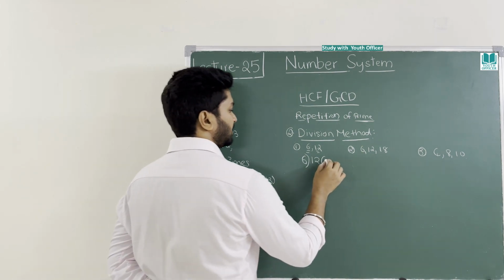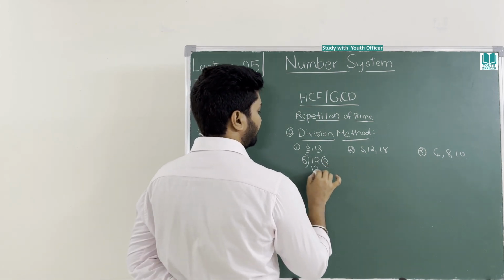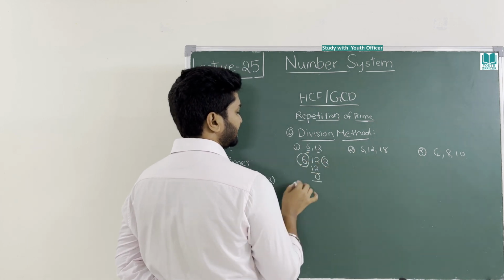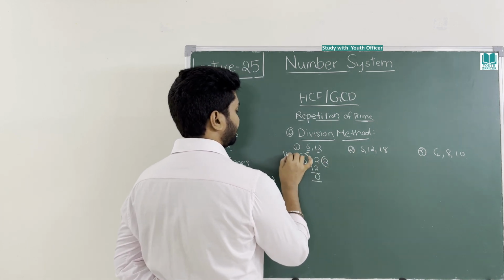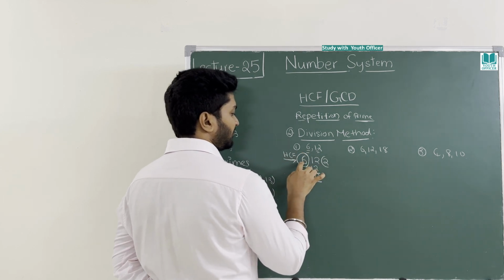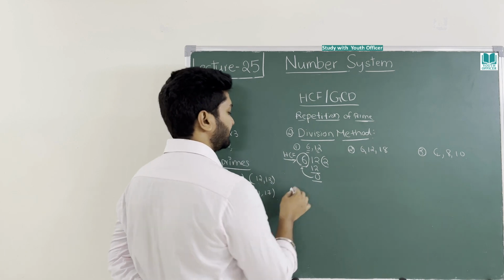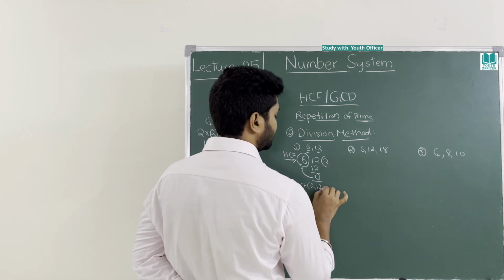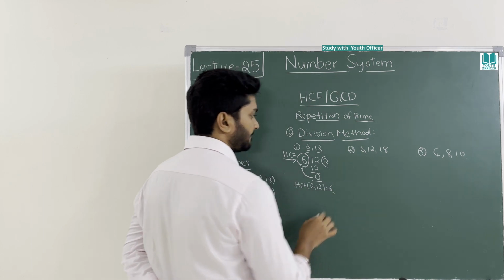Now how many times? 2 times 12, remainder 0. Once you get the remainder 0, whatever is the divisor, this is the HCF. So the HCF of 6 comma 12 is 6.